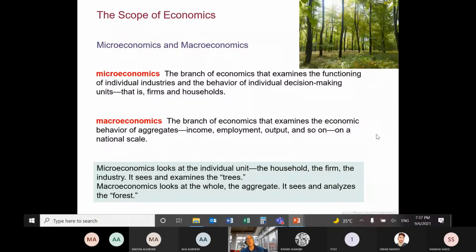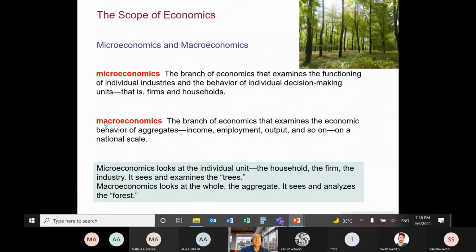In Arabic, what's the meaning of microeconomics? Please help me, Rashid, microeconomics in Arabic. Microeconomics, الاقتصاد الجزئي. Well done. Macroeconomics.